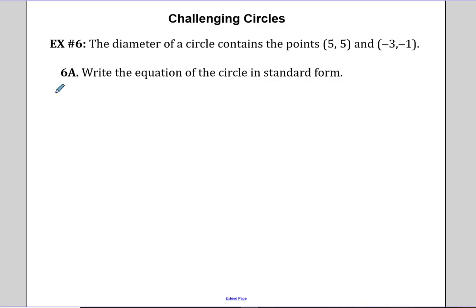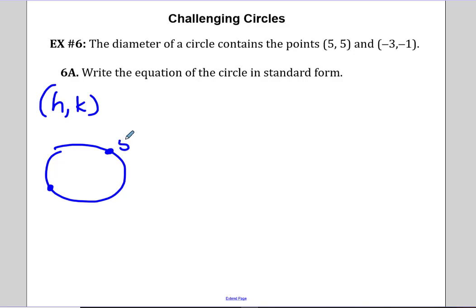If you think about h and k, and visually here I've got some circle, and I've got a point (5, 5) and a point (-3, -1). What I really want to do is add them up and average them to find the middle point.